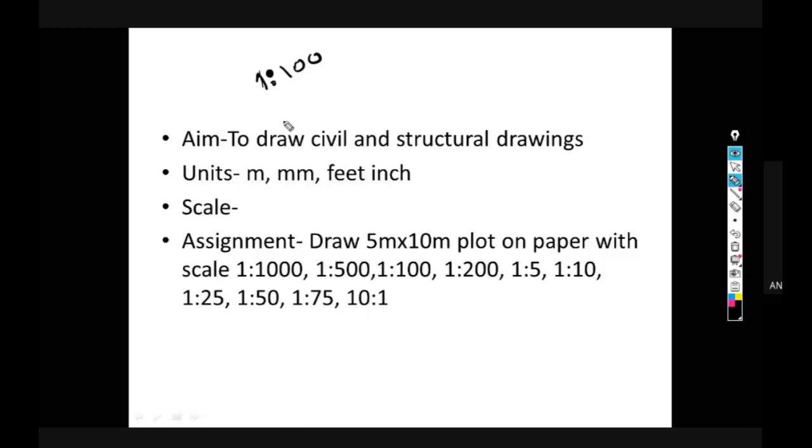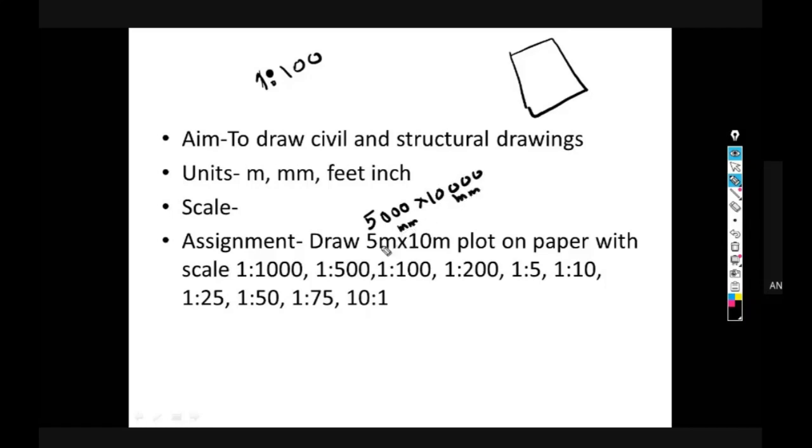My paper is A4 size. How much is the paper size? 210 mm. Let's say 5 meter by 10 meter, in mm, how much is this? 5,000 by 10,000, sir. So this is in mm.